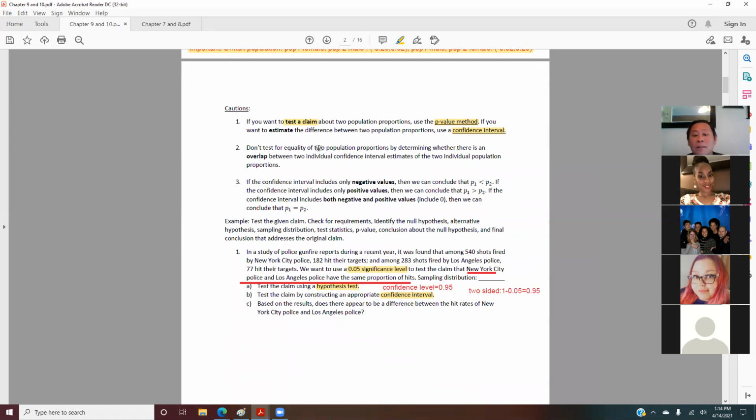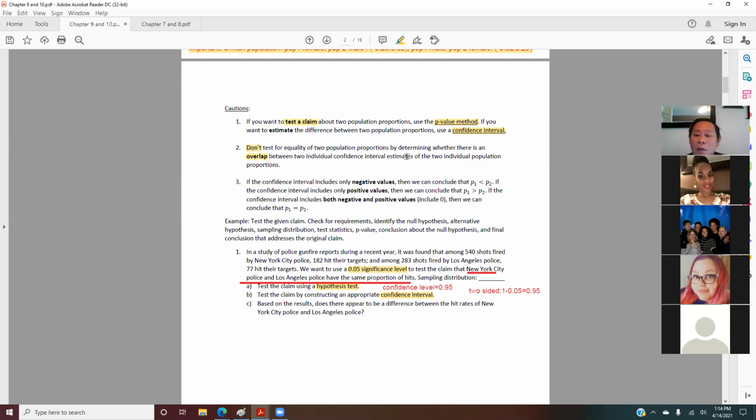Don't test for equality for two population proportions. What is going on with this second caution is we could figure out the female lefty, like what you did in chapters 7 and 8, and then do the male lefty for chapters 7 and 8, and compare whether they are overlapping. We do not do this.